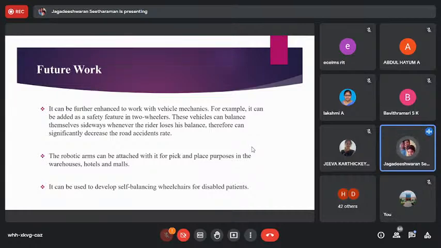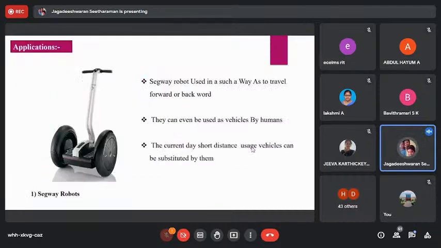Okay, let's move on to the future work. It can be enhanced to work with vehicle mechanics. It can be added as a safety feature in two-wheelers. The advantages are that Segway robots are used to travel forward.